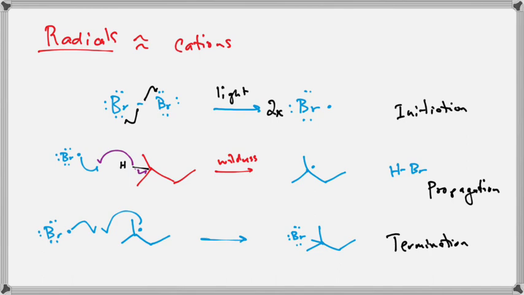What is that alkyl radical most likely to encounter? And be careful. I said what's most likely to encounter. How many bromine radicals are floating around? Very little, which means is the radical likely to encounter another bromine radical? Nope. What's it more likely to encounter?